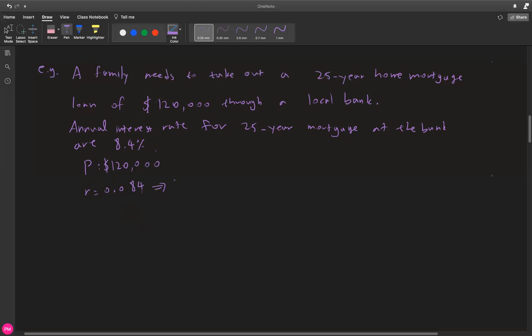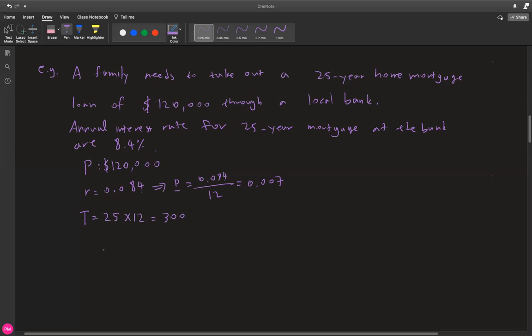That implies the periodic interest is 0.084 divided by 12, which gives you 0.007. And you also have t is 25 years, and you're doing it for each month, so it's exactly 300 months.